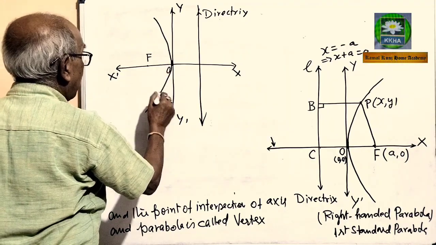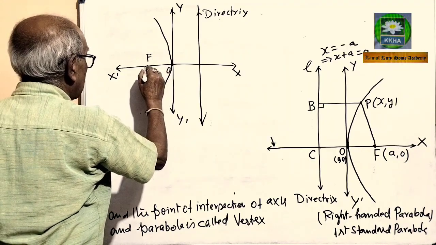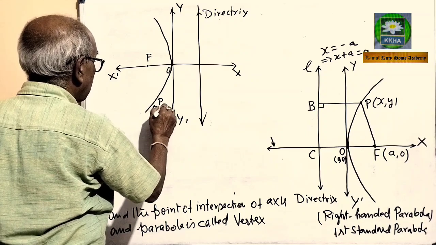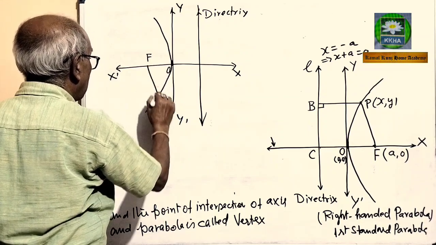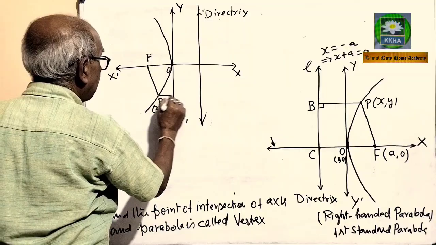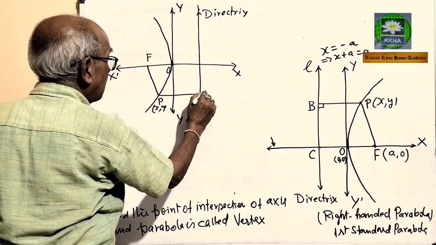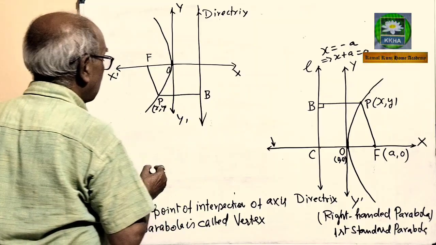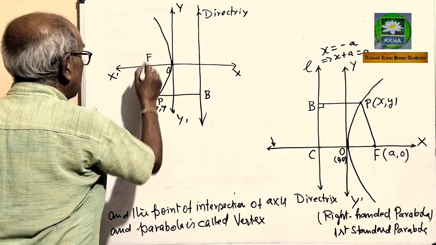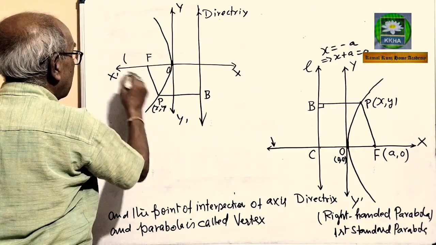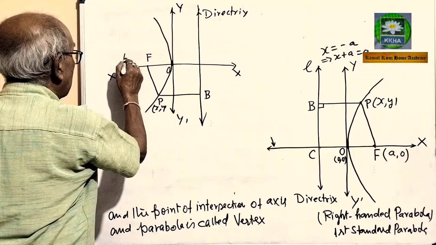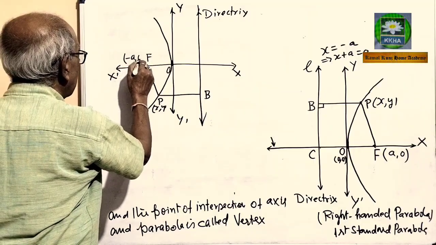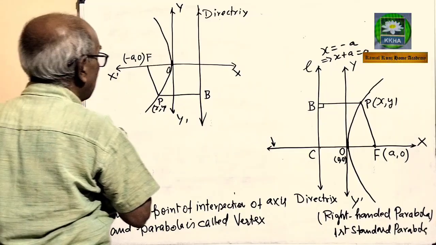Now here, this is the point P (x, y), and this is perpendicular to the directrix. Then the coordinates of focus will be (minus a, 0).